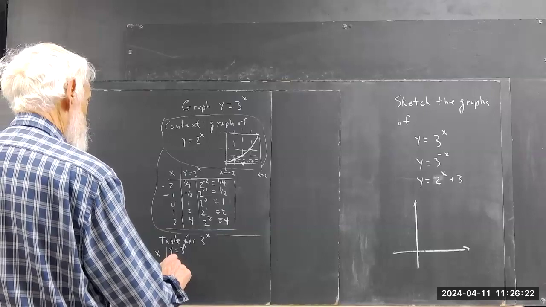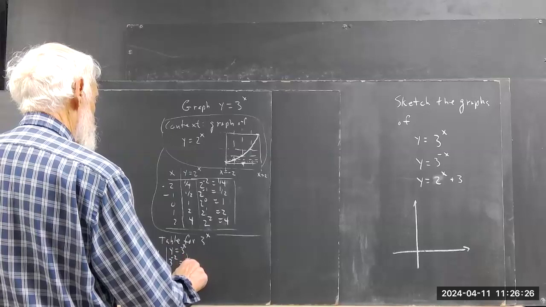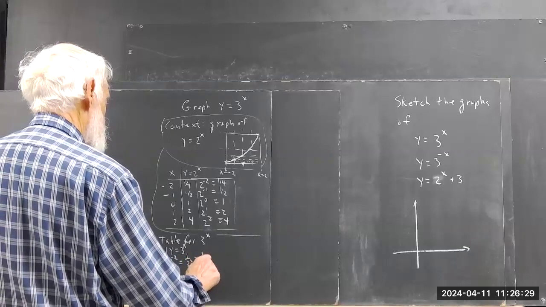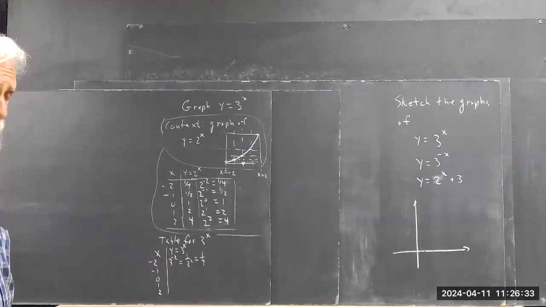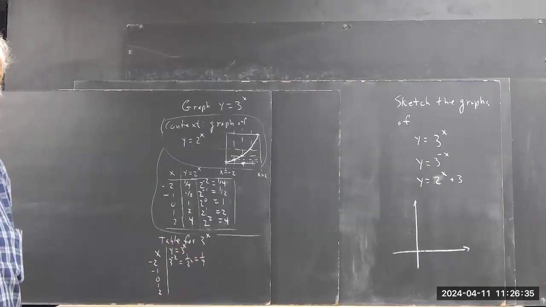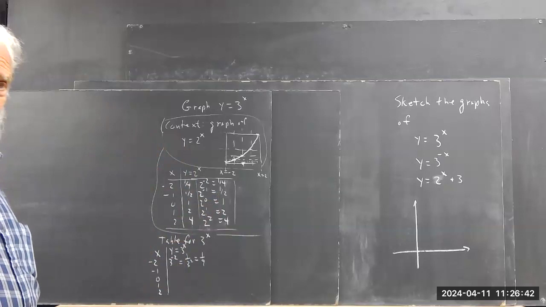Well, we get 3 to the -2, which is 1/3 squared, which is 1/9. You don't want to use the calculator to do this. We have to understand negative exponents. And also Open Math does things with decimals.